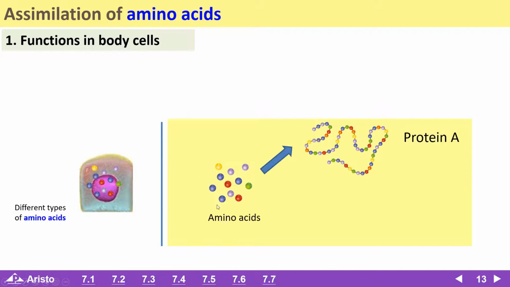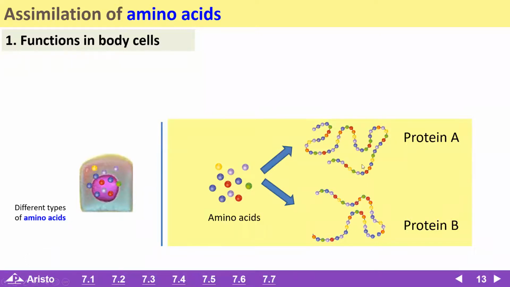Based on the cell's need, maybe the cell needs protein A, so it joins the amino acids in this way to make protein A. Maybe the cell needs another protein, protein B. So it joins these amino acids in a different way so that eventually they can form another protein.